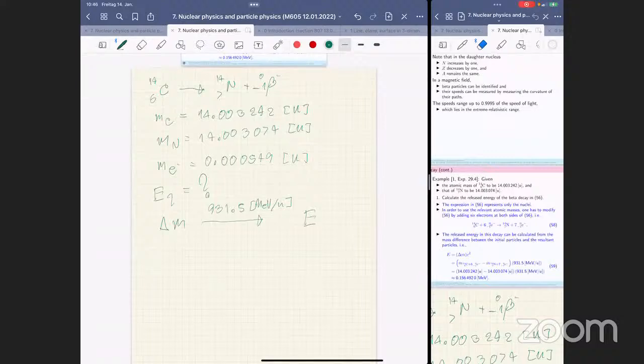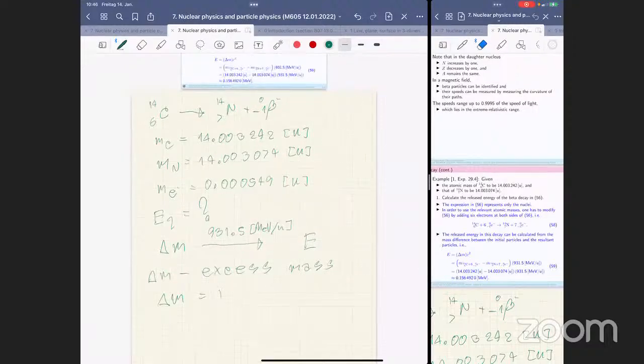Before that, we have to find delta M, the excess mass. What is that? It's the difference between the mass of the carbon-14 minus the mass on the right-hand side of this process, which is the mass of nitrogen plus the mass of the electron.